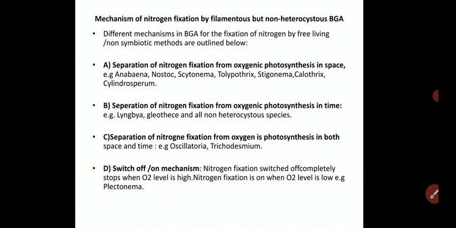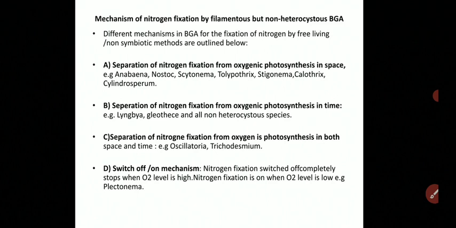These blue-green algae fix nitrogen mainly during night time, in the dark period when there is no evolution of oxygen, as photosynthetic activities are stopped, which would damage the enzyme nitrogenase. The O2 is also used for respiration, that is dark respiration, which additionally helps to protect the nitrogen-fixing enzymes.